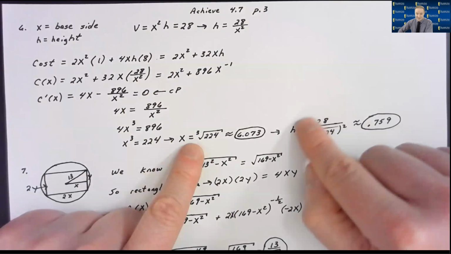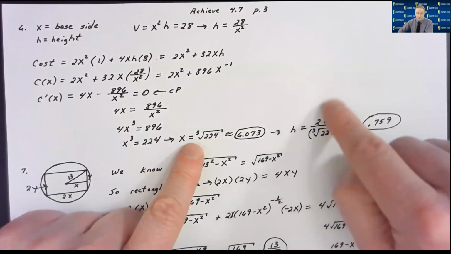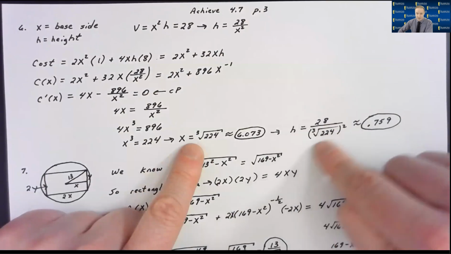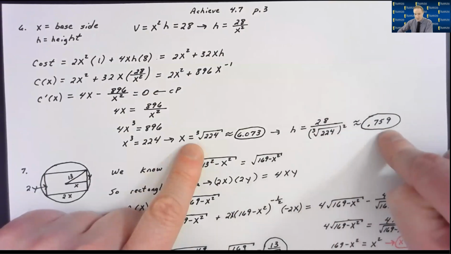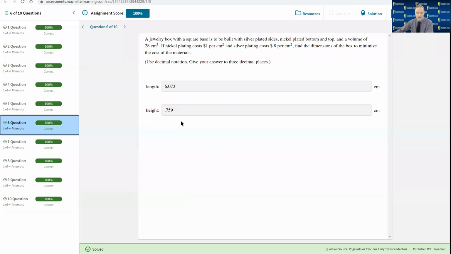And I entered this exact expression into my calculator. Now, if Achieve wanted the exact answer, of course, that would be it. But Achieve just wants a decimal approximation here. So it was 0.759 centimeters. And you can see that's what I put. Now, again, keep in mind, you never have to put the units because they're already taken care of at the end. Although that should be, oh, no, this is centimeters, not square centimeters.